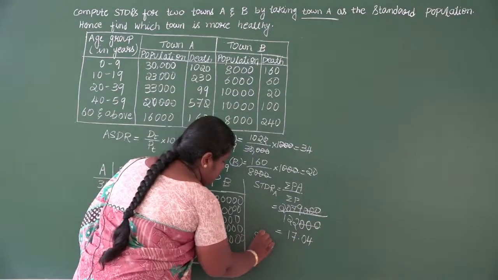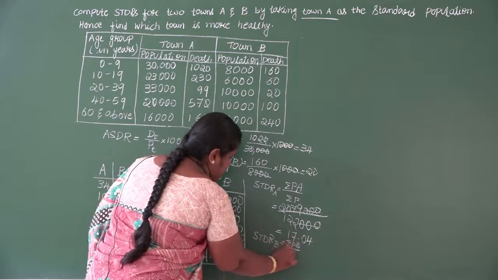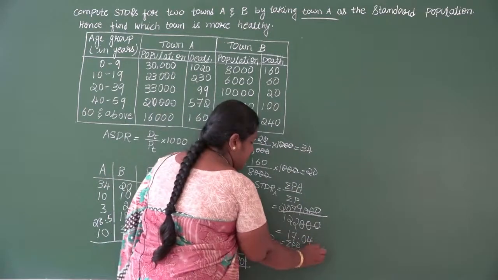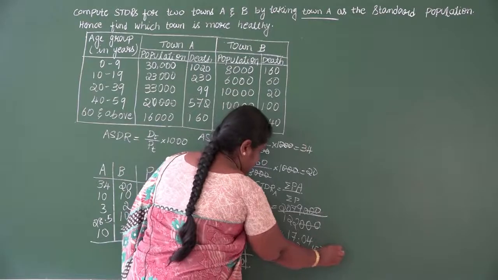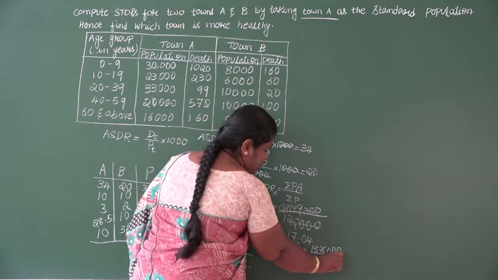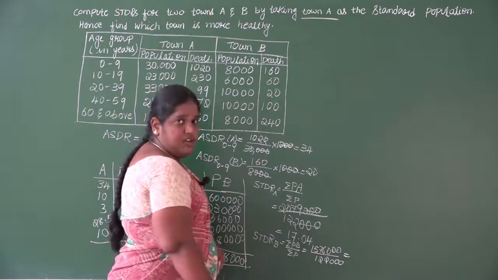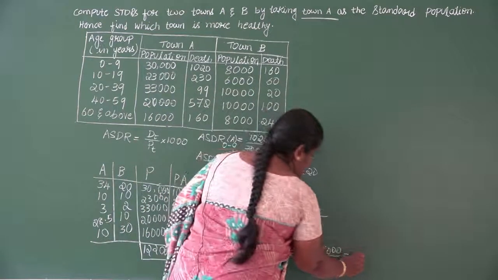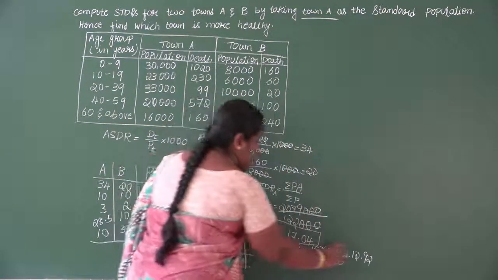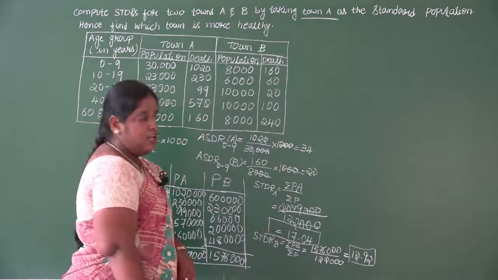Similarly, STDR of B is sigma PB divided by sigma P. Sigma PB is 1576 and 3 zeros divided by 122 and 3 zeros. The zeros you can cancel, so it is 1576 divided by 122, which is 12.92. If you compare the answers, for town A it is 17.04 and for town B it is 12.92.